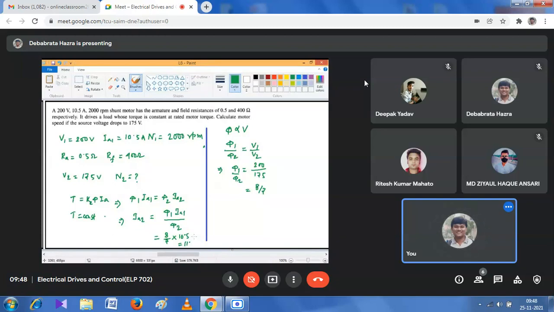So directly put 8 into 10.5 divided by 7.